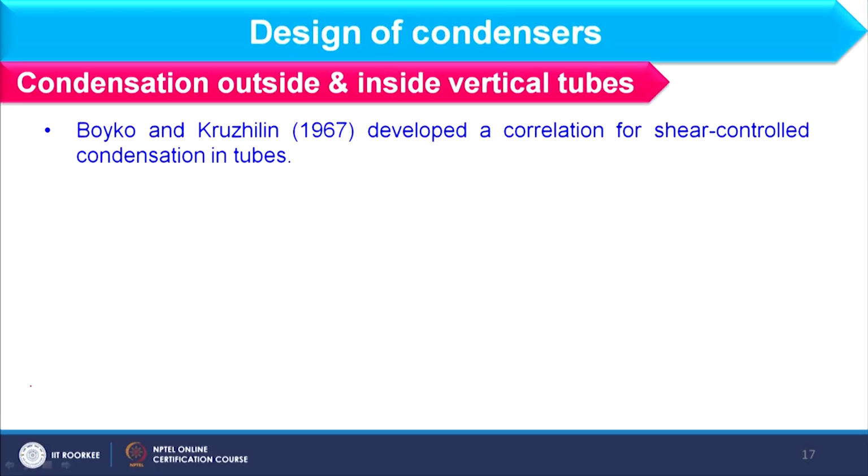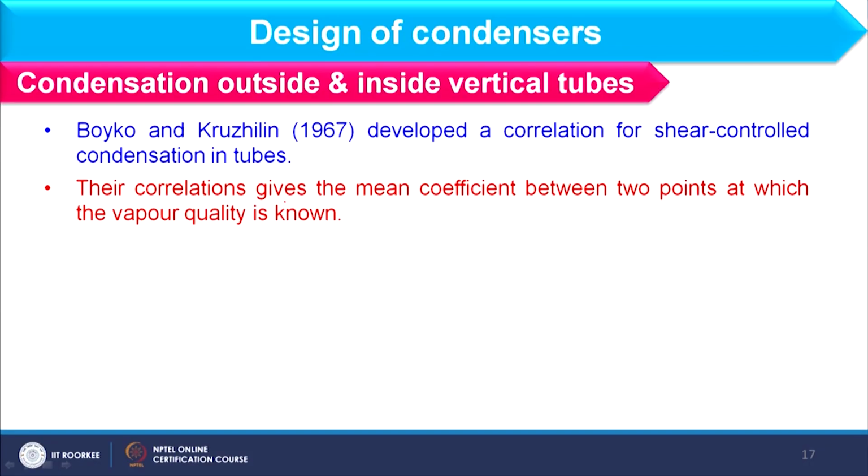Now, next we have another correlation which is given by Boyko and Kruzhilin, and which is applicable to find out the heat transfer coefficient inside the vertical tube, okay. So, for inside you can use this equation as well as the graph we discussed in the last slide, right.